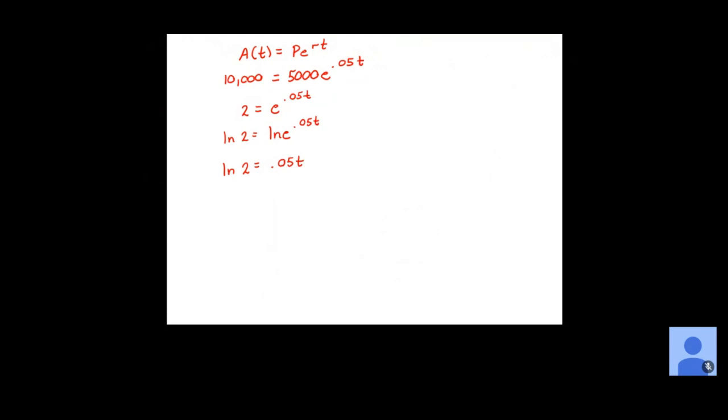And now if we're trying to get t by itself, what do we have to do? Just divide by the 0.05, and then we can go to our calculator. And so what does that give us if we put that into the calculator now? Again, 2 decimal places is fine.